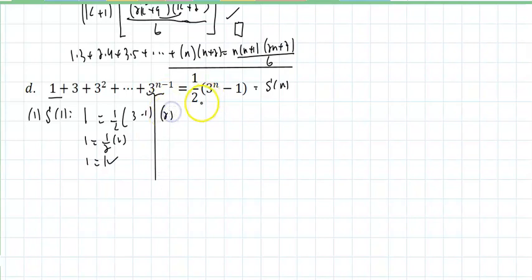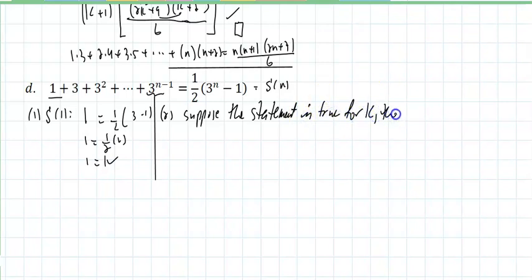Step number 2. Suppose the statement is true for natural number k. That is, suppose that 1 plus 3 plus 3 squared plus 3 cubed plus up to 3 to the k minus 1 equals 1 half into 3 to the k minus 1.